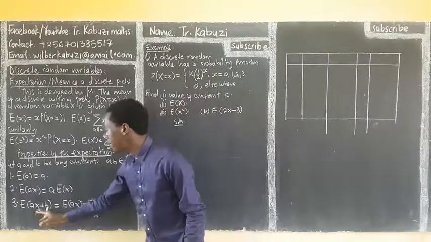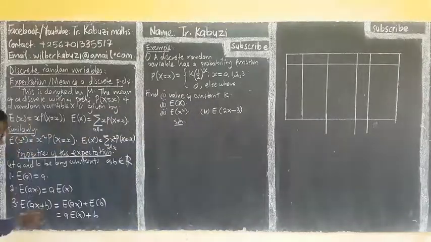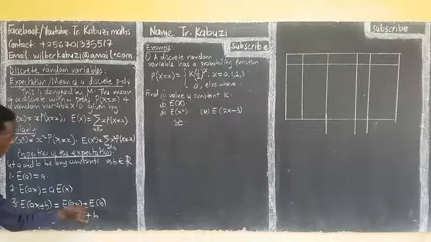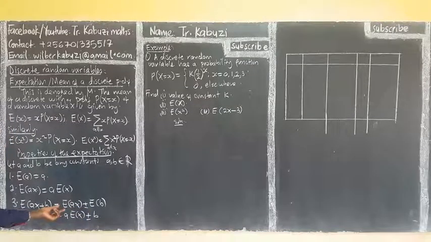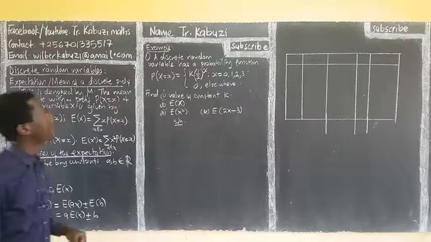And if we have this whether plus or minus, the idea remains the same. This one comes to this, also comes to this, the distributive property. Then you remove this one out, and the E of this we say is a constant.